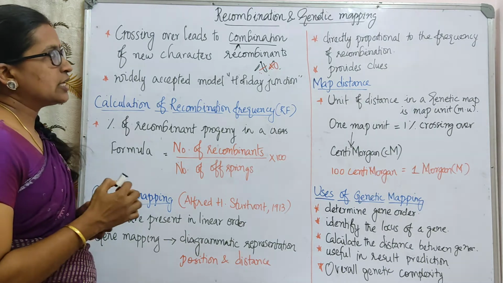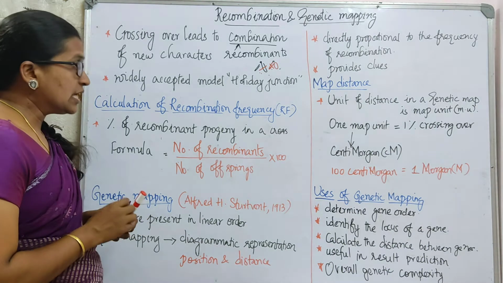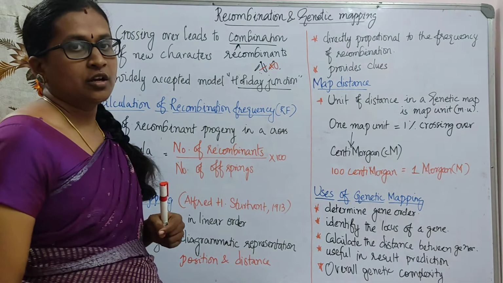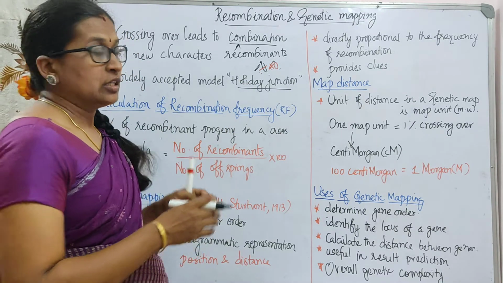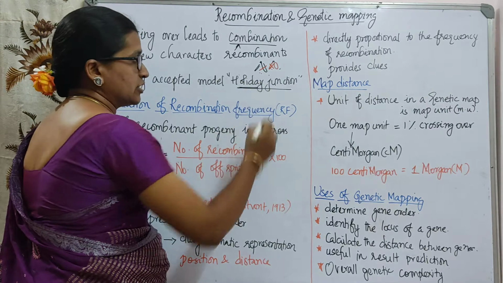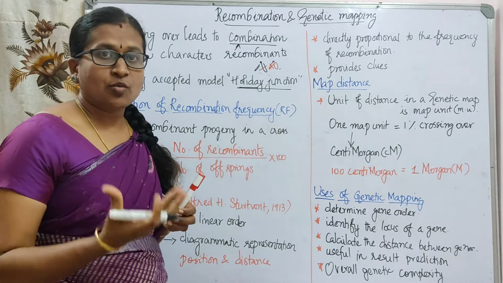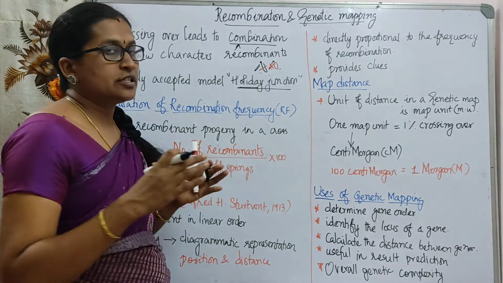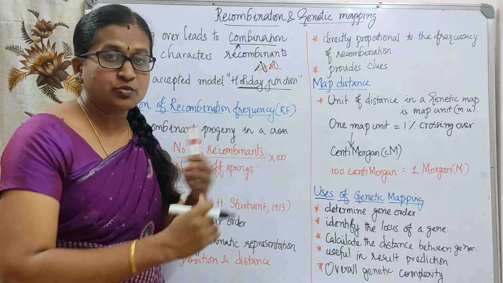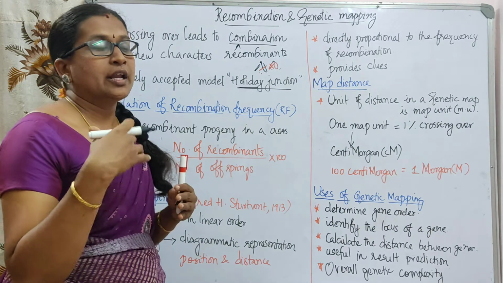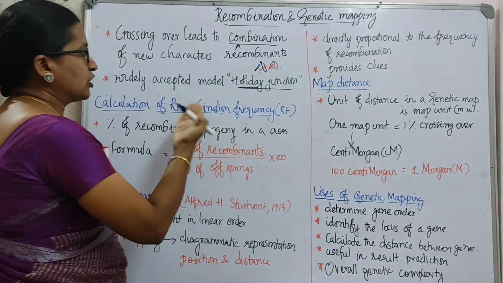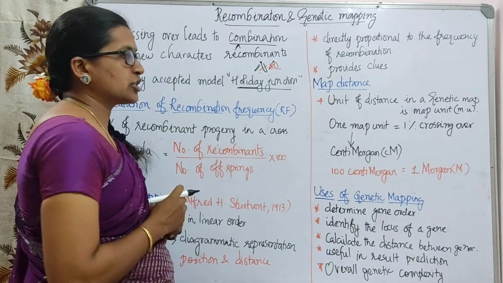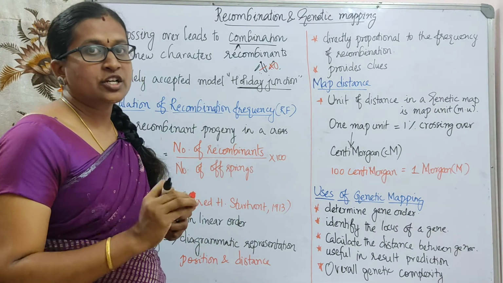Regarding recombination, a widely accepted model is the Holliday Junction model. This is the name of a scientist, right? He proposed a model regarding this recombination, and it was widely accepted. What we spoke about in crossing over and the calculation of recombinant frequency, everything matches with this Holliday Junction.